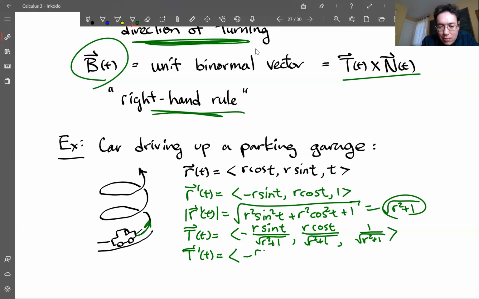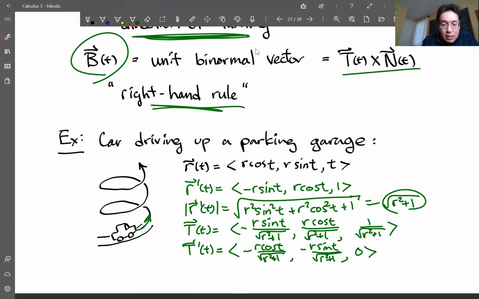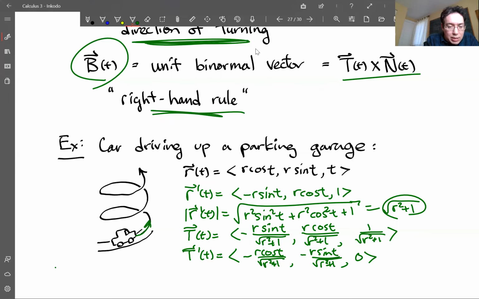So the derivative is going to be this thing. And as far as the z coordinate goes, this is constant with respect to t, so the derivative is going to be 0 here. And let's compute the magnitude.